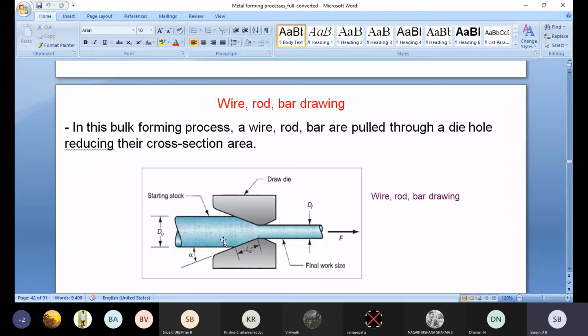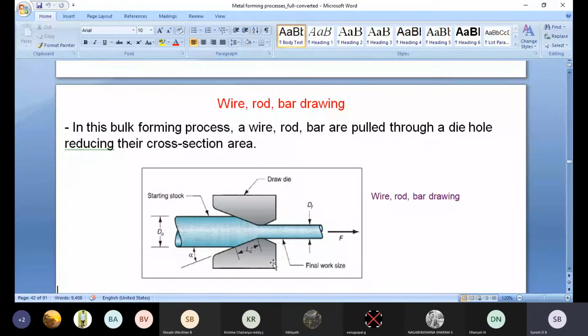The material is introduced in between the two dies, compressed, and plastically deformed only there. In extrusion, the material is compressed inside the container and flows between the two dies, reducing its diameter and coming out.